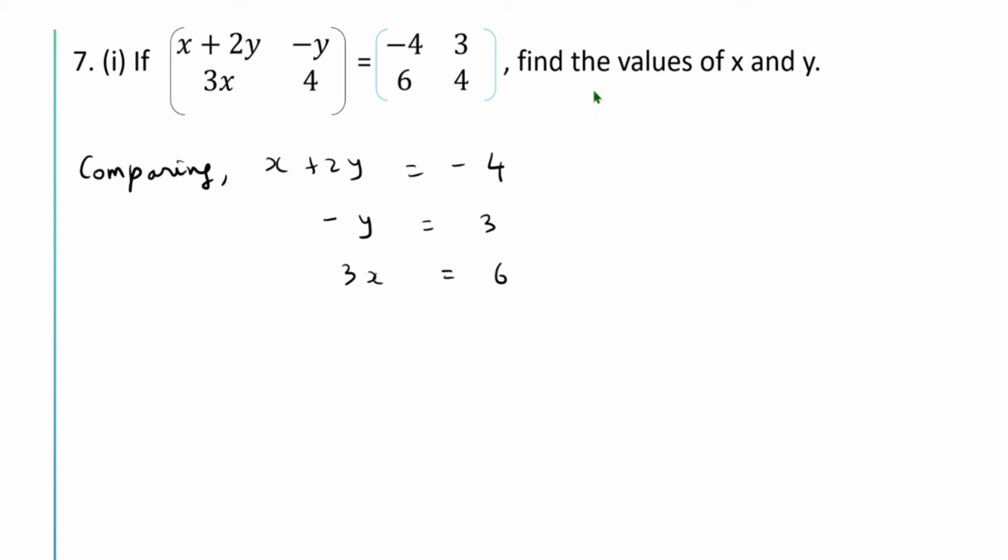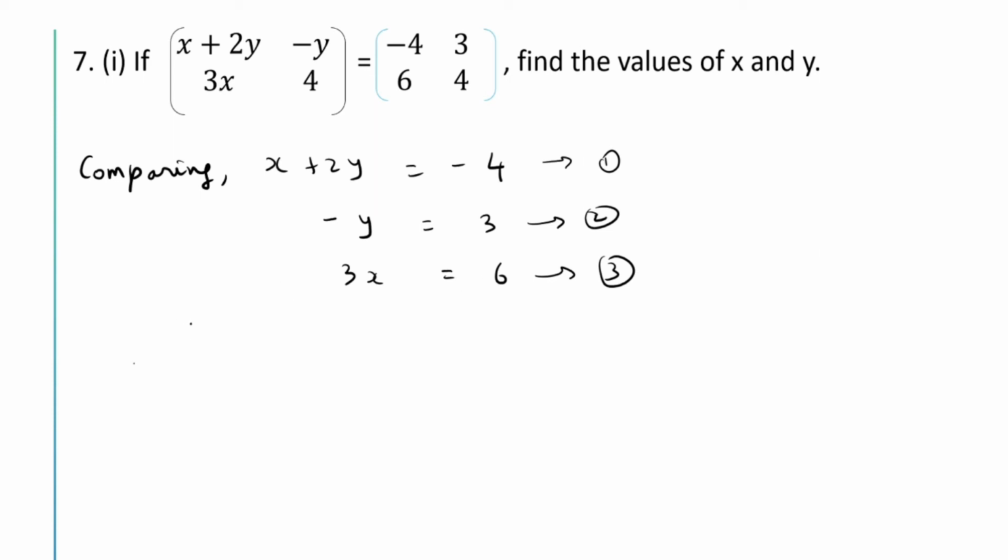Now we are asked to find the values of x and y. So we have got these equations 1, 2 and 3. If we use equations 2 and 3, we can easily find the values of x and y.